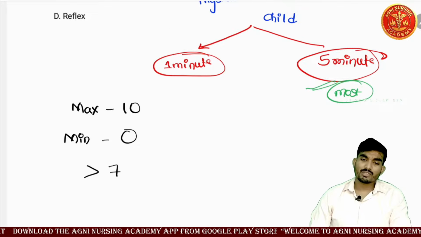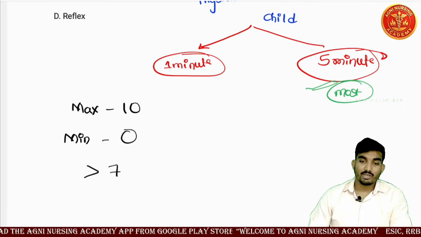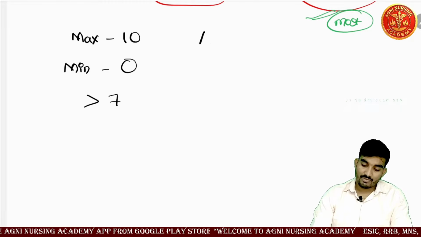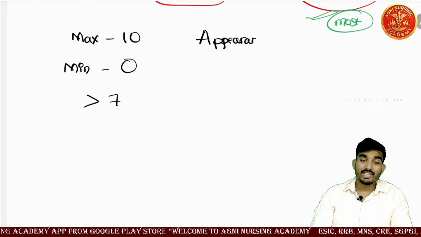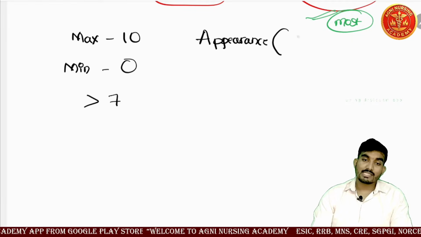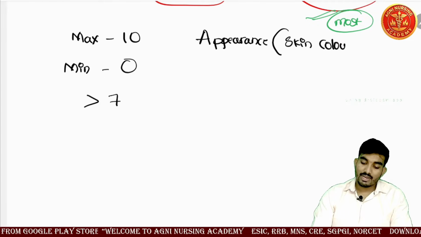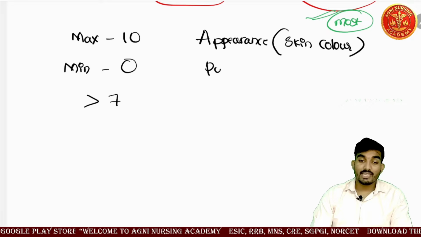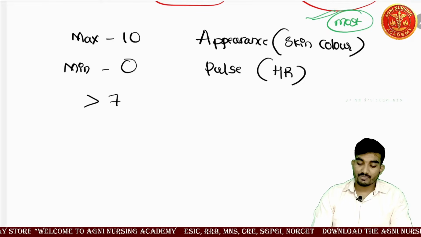In the Apgar score, there are five parameters. The name Apgar itself gives them. First is appearance, in which we see the skin color. Second one is the pulse, in which we assess the heart rate of the child.